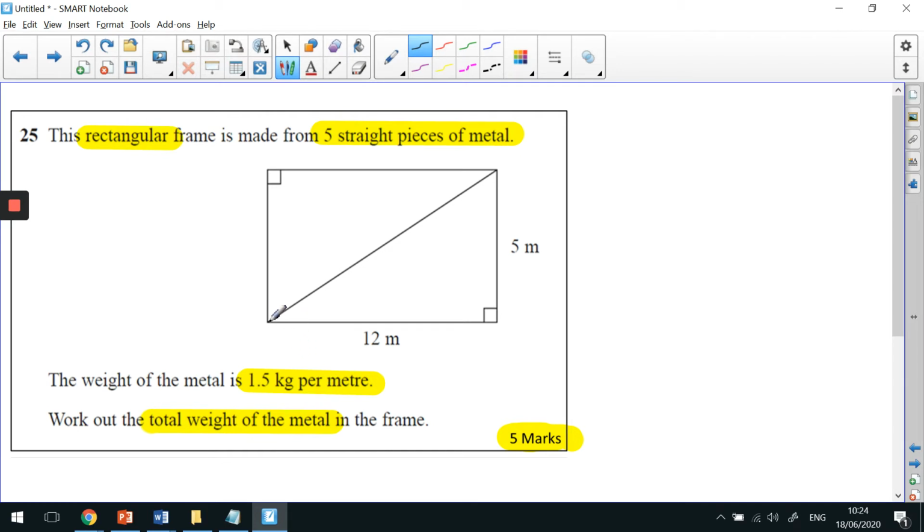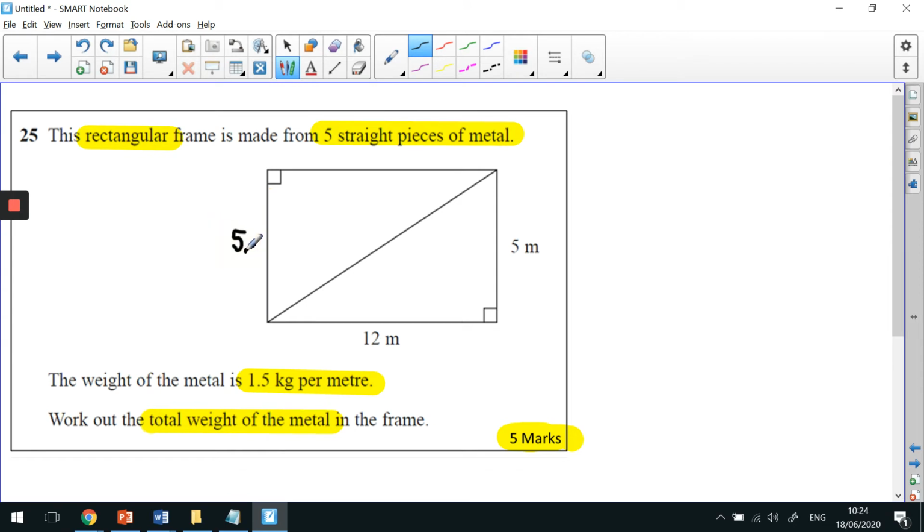What I actually need to find is the total length of the metal. So that plus that plus that plus that and plus that. Okay, so let's think about that. So this length here, do I know that? Well, yes, I do.